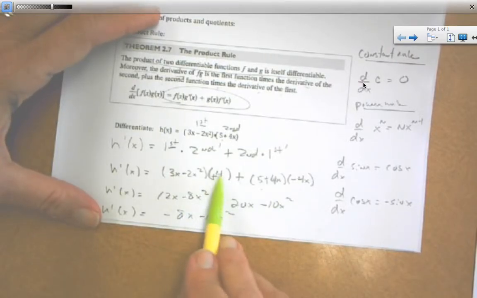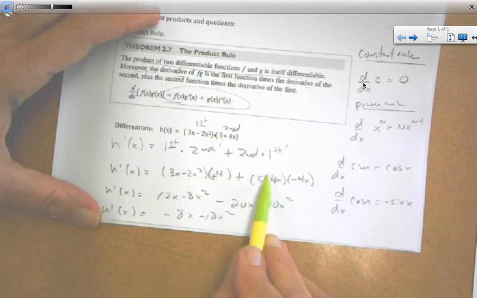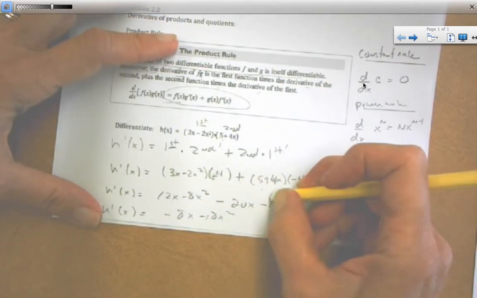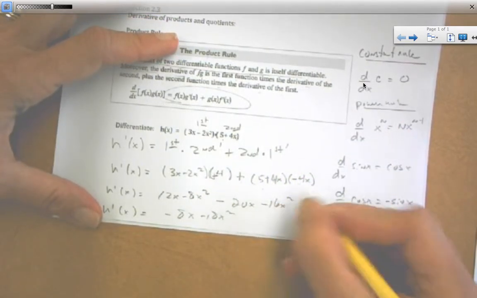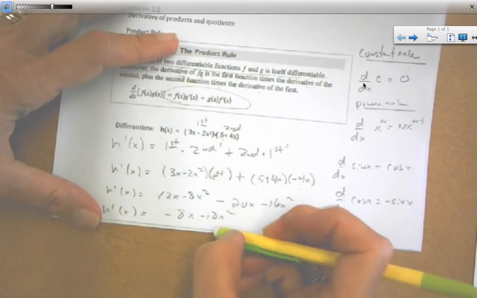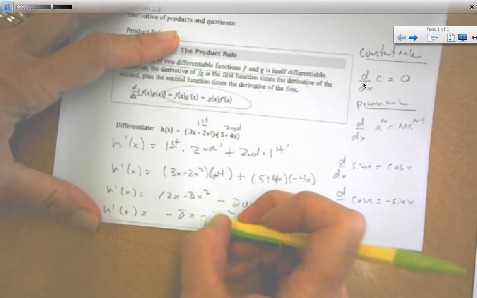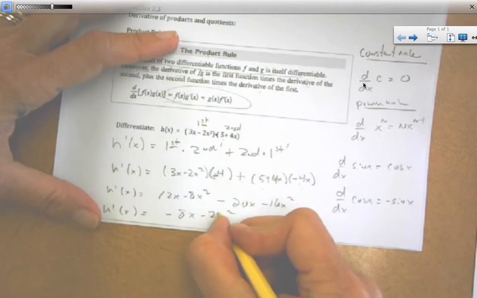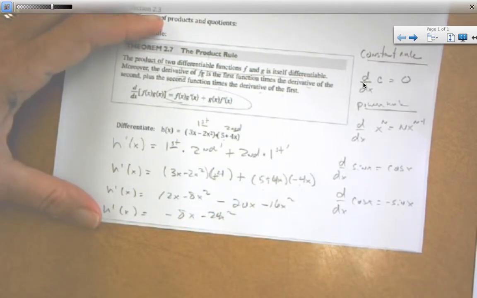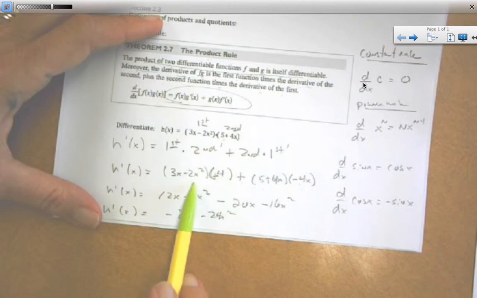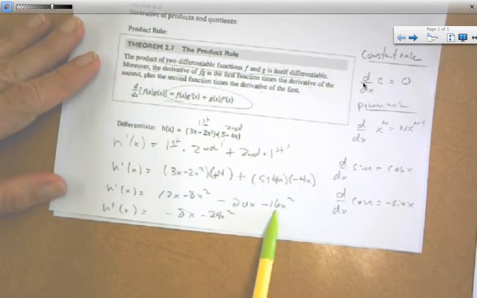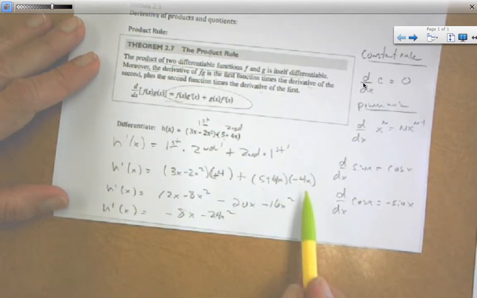All right, so again, always go back and check your work, which is what I'm in the process of doing here. Minus 16x squared. All right, so that means it's going to be negative 24x squared. Okay, everything looks good. And I hope you know where I got that negative 4x from.